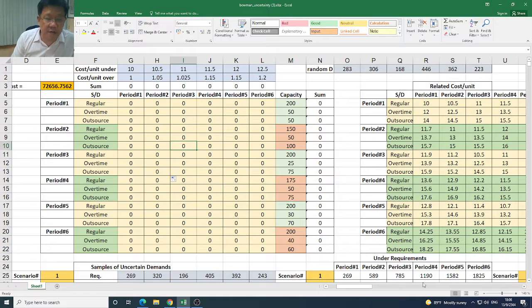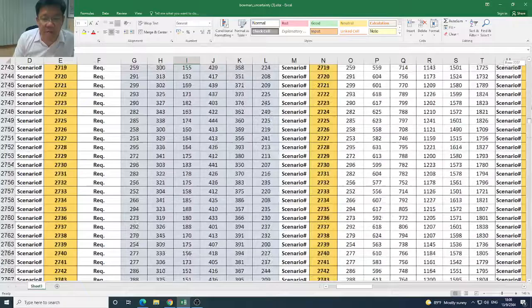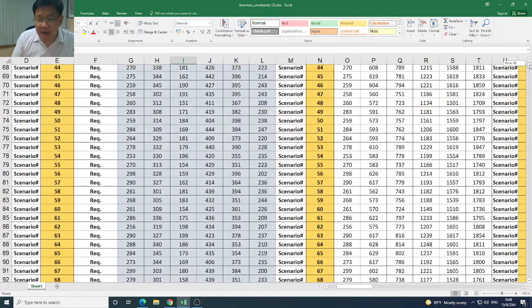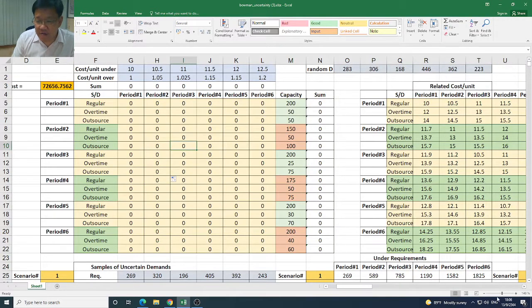The size of the table is very large due to this 10,000 rows of the demand pattern. Once you make a decision allocating the production planning here, it affects this part.